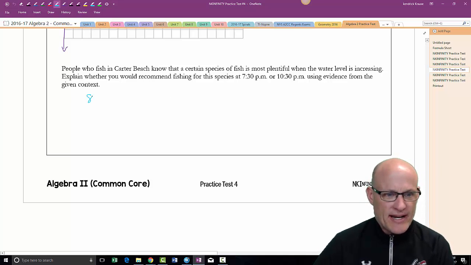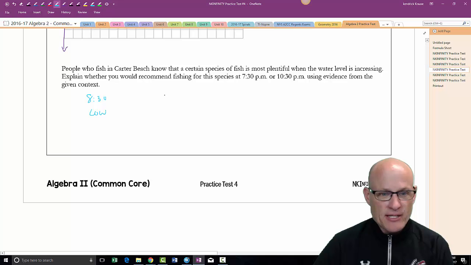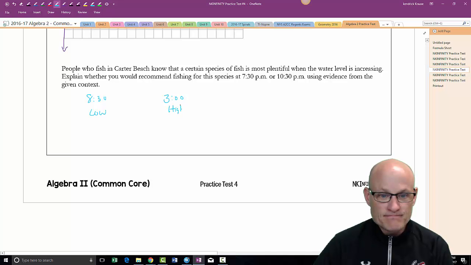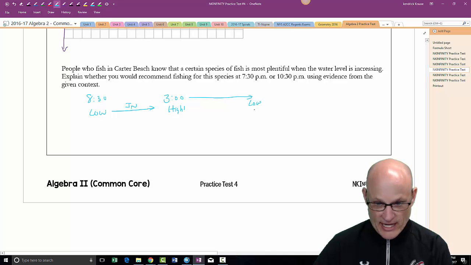Remember, see what's going on. At 8:30 a.m., we're at low tide. At 3 p.m., we're at high tide. So this whole time, it was increasing. Then at 3 p.m., for the next 6.5 hours, it was down to low tide.